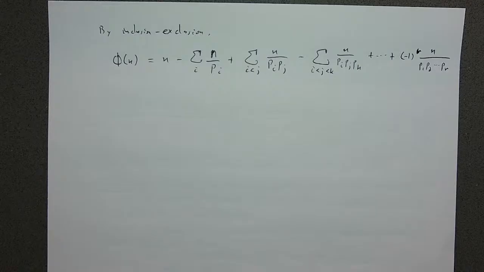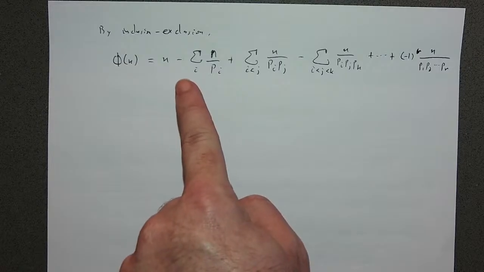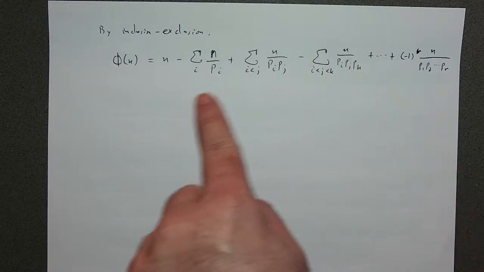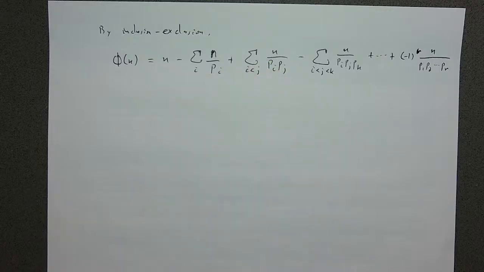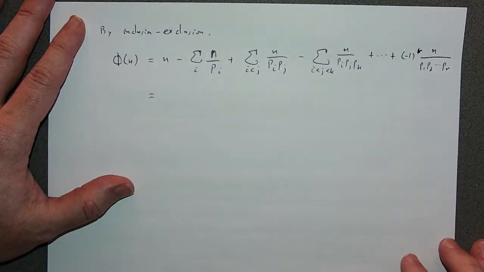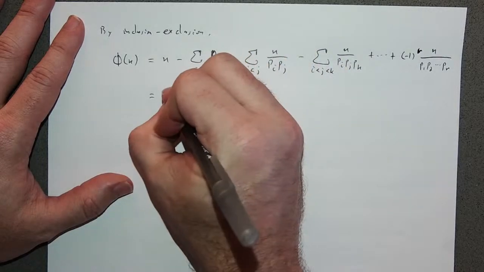But every single one of these has an n in common. And the pattern of how these can be factored is the following.